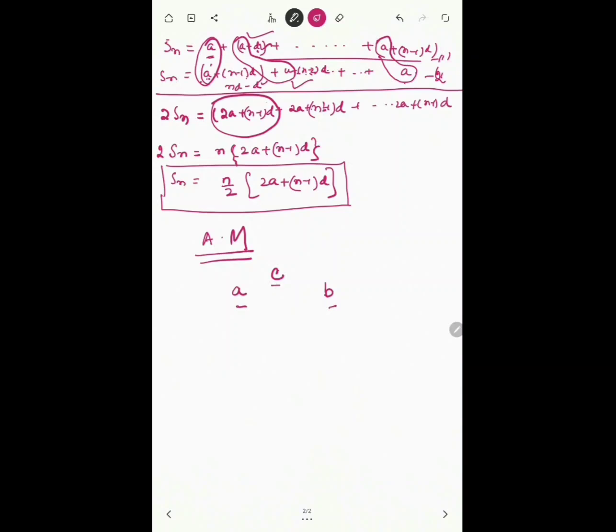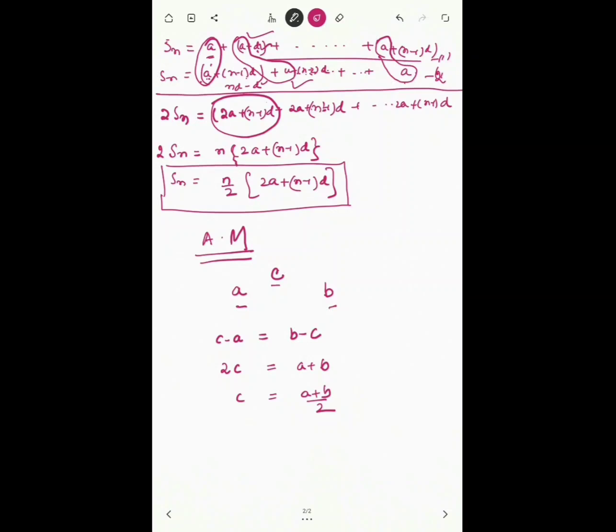So C is the middle term. This means C minus A must be equal to B minus C. So what will be 2C? A plus B. What will be C? A plus B by 2. So between two terms A and B, arithmetic mean will be C.